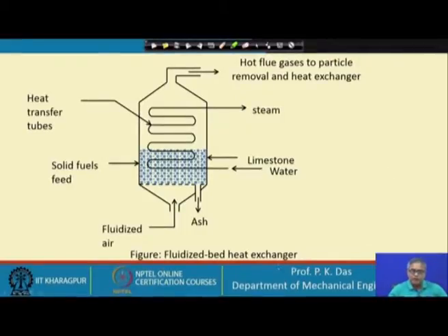Here water enters and steam comes out of this serpentine coil, which has a large length within this heat exchanger. Part of it is submerged in a particulate bed, and this particulate bed may contain some inert material and some combustible material.